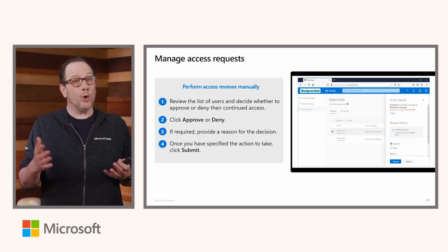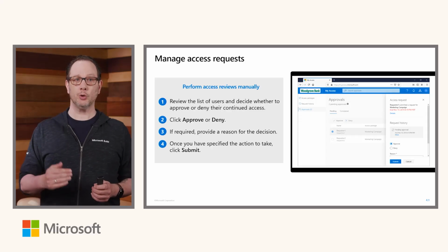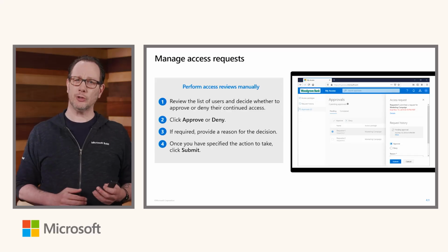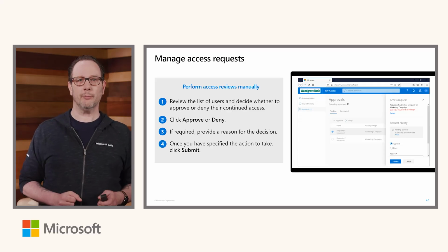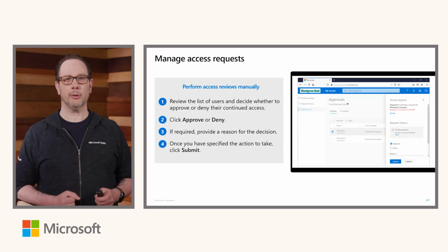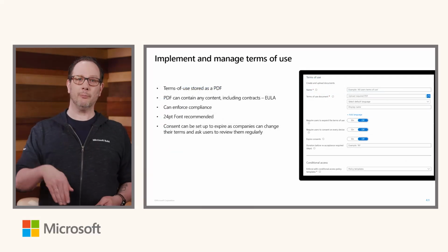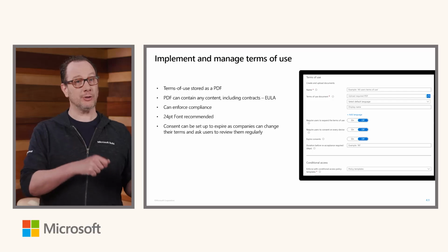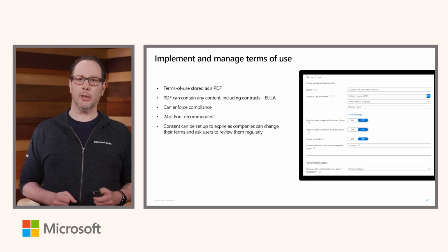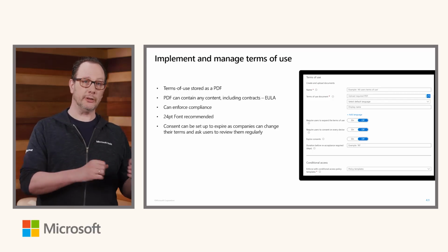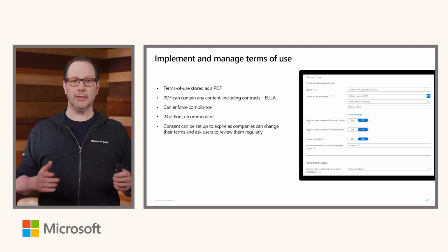You can allow or obviously deny access to those packages for individual users, but please remember following group membership guidelines. Last, remember you can set and measure compliance activities by setting up terms of use, which the users need to accept.